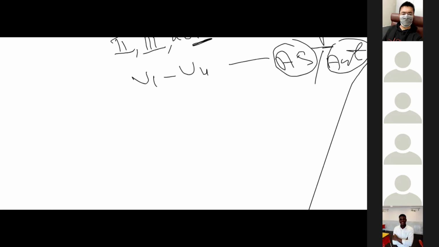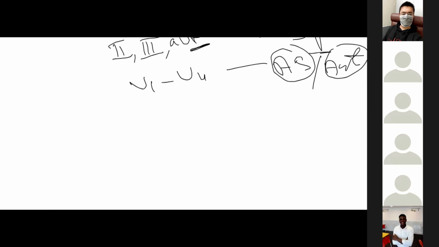It gives us a rough idea regarding the blood supply of the heart, such as if there is any abnormality in 1, AVL, V5 and V6. So we will say it is a lateral MI.